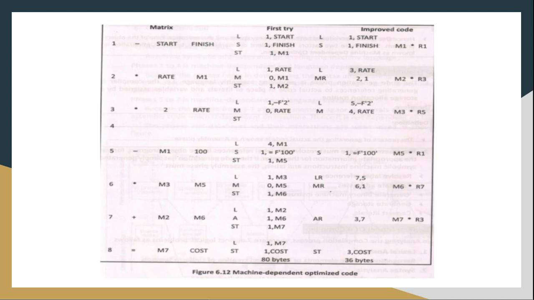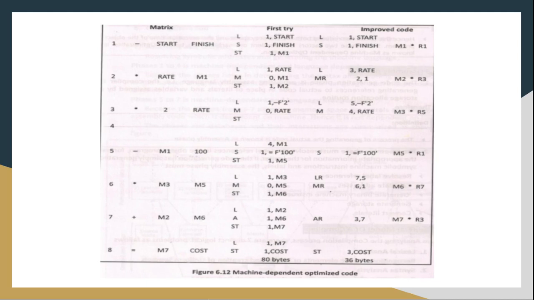Similarly we will have the next entry, rate star M1, where M1 is start minus finish, the second entry. Since it is a multiplication, the object code will be L1 comma first operand. What is the first operand? Rate. Then the target operand minus 1, that is 1 minus 1, 0, comma the second operand.